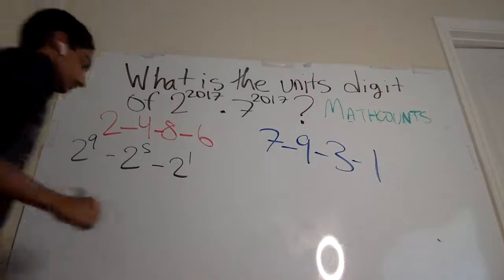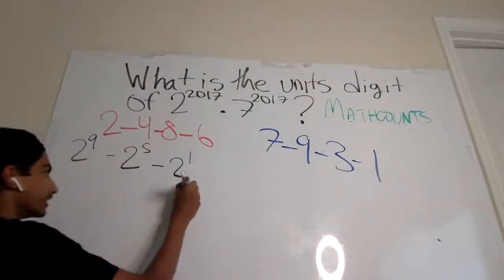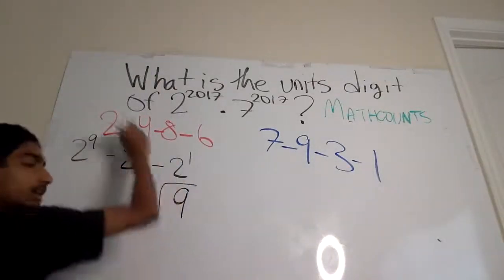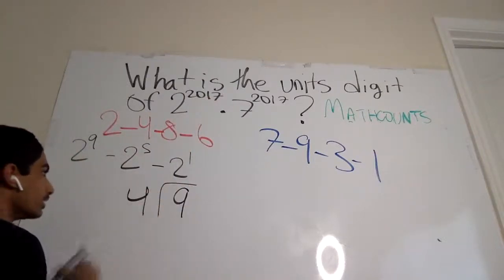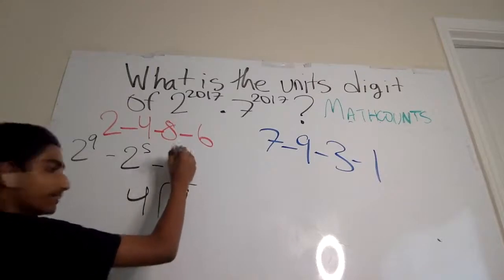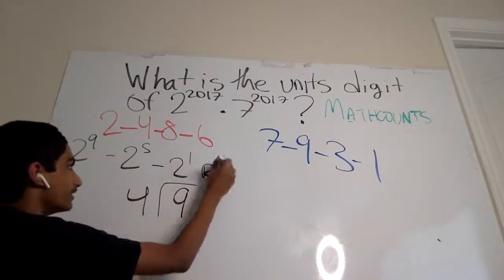And actually what we can do is try dividing by 4. Because this goes in a pattern of 4, we can do 9 divided by 4, and that's just 2 remainder 1.